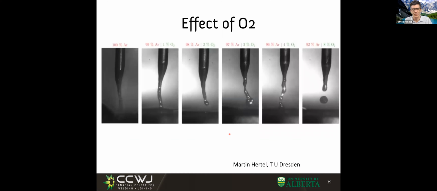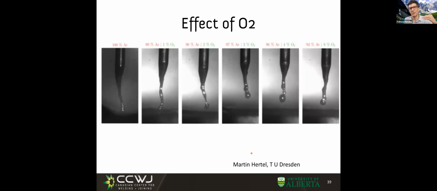Let's see the effect of oxygen, right? Oxygen is not like CO2, but has somewhat of an effect. And these effects are not really well understood. Yeah, I can show these to you, and some people can even do some numerical simulations. Do we really understand them? The effect of oxygen is reducing the surface tension of molten iron at relatively low temperatures.